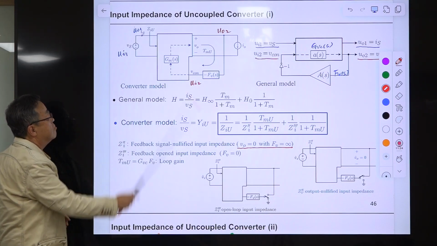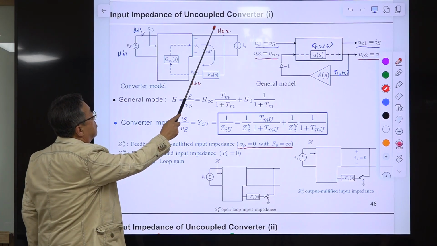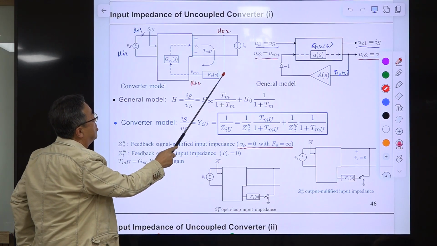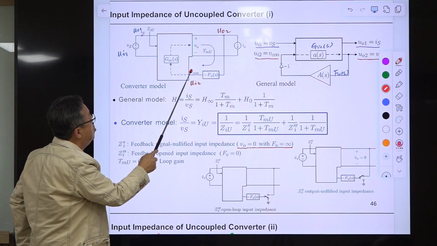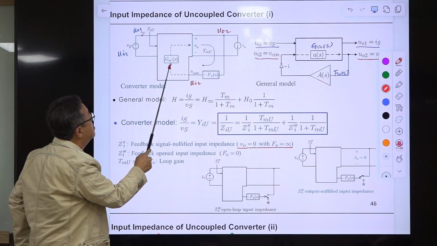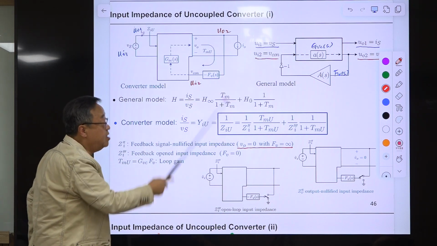Right, this one. So I translate: this is the converter, with voltage feedback compensation, the output of which is this control voltage. The control voltage comes in, this is the control to output transfer function, and the loop gain is here.